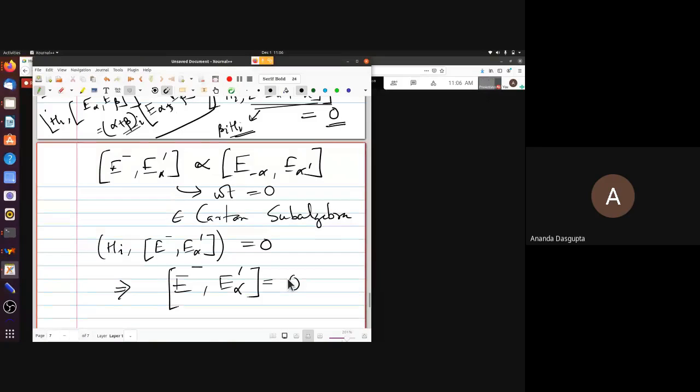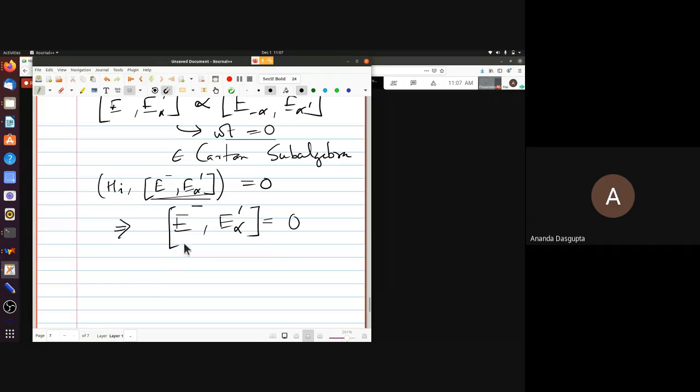This alone would have shown you that this operator is orthogonal to all the Cartan subalgebra elements. It could be a non-zero operator, but one which will have no component in the Cartan subalgebra itself. Whereas being weight zero, it has to be a Cartan subalgebra element. If you put them together, the only possible conclusion you can draw is that this operator must be zero.